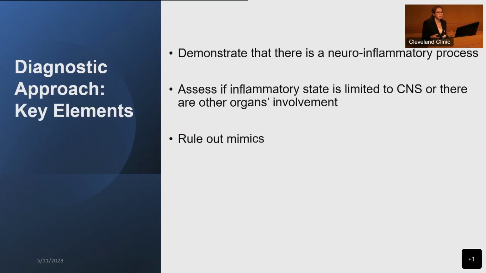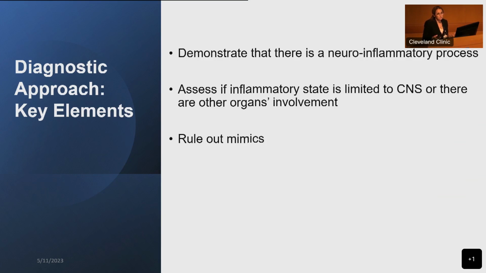So the way we look at CNS vasculitis, there are three main key elements in the diagnostic approach. And I always ask myself when I am assessing a patient, if there is a stroke or any neurologic deficit or abnormal vascular imaging, how we can demonstrate if there is a neuroinflammatory process going on.